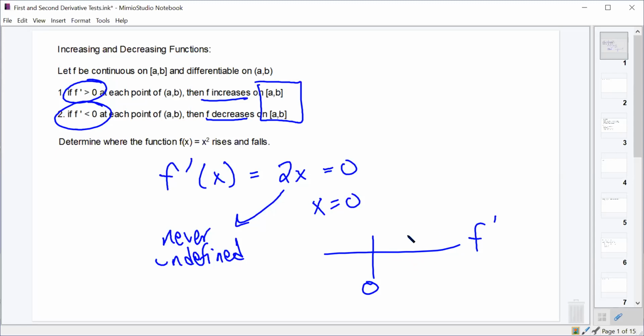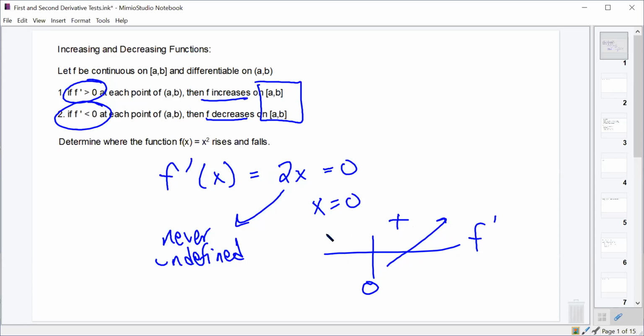So if we plug in a positive number, like 1,000, what does my derivative become? Our derivative is positive, which tells us the function is increasing.